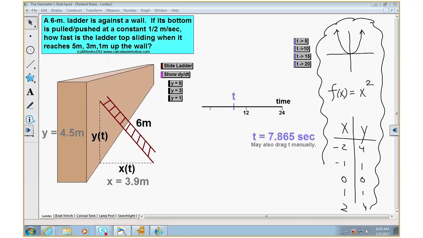Now we're telling you that with each x and each y, you have a rate that goes with both x and y. And the rate of x is dx dt, and the rate of y is dy dt.